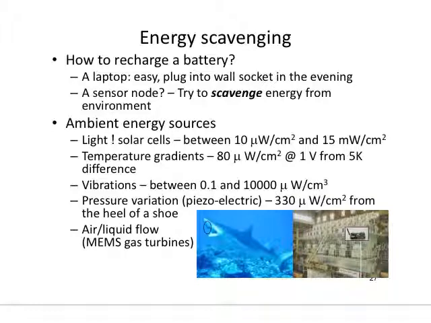The amount of power that you can draw from the solar cells is not as consistent as the outlet power. So on one hand, we need to leverage energy scavenging or harvesting, but we need to take that into consideration when we design the sensor, because the sensor that uses this type of energy needs to be tolerant in terms of the amount of power that it draws from the solar cells.